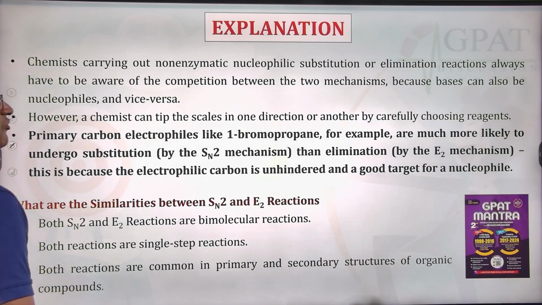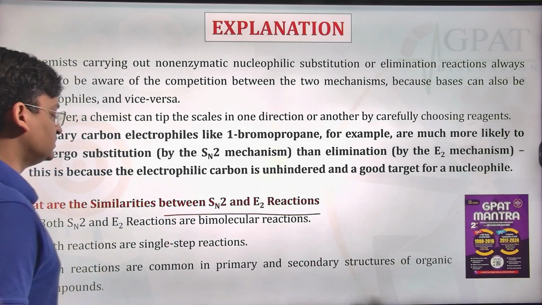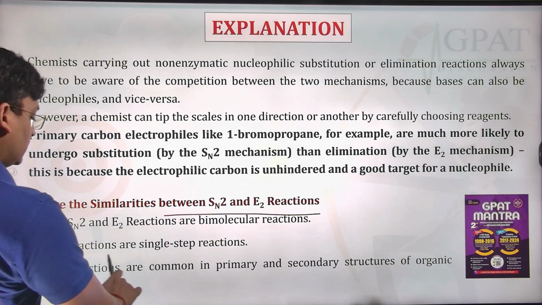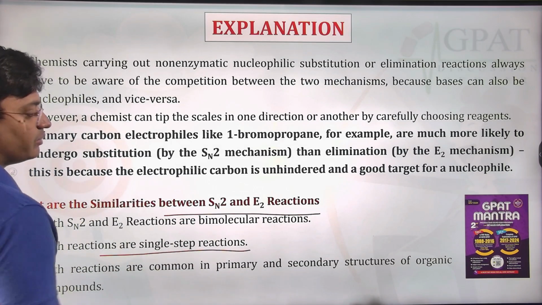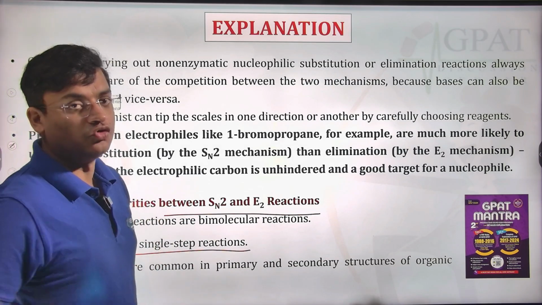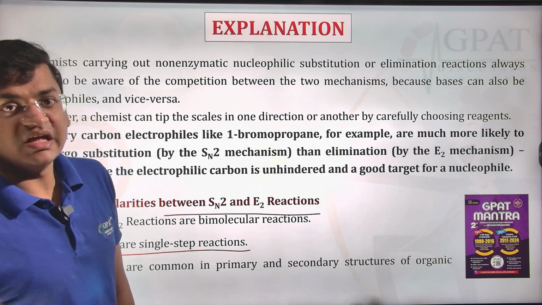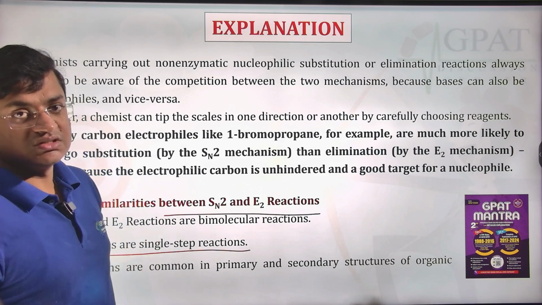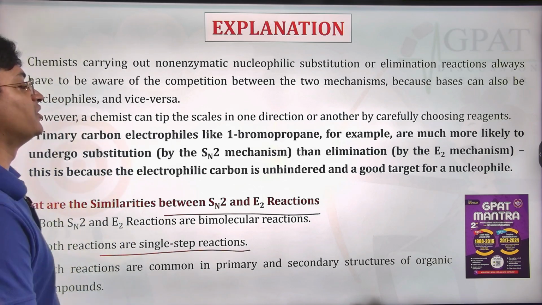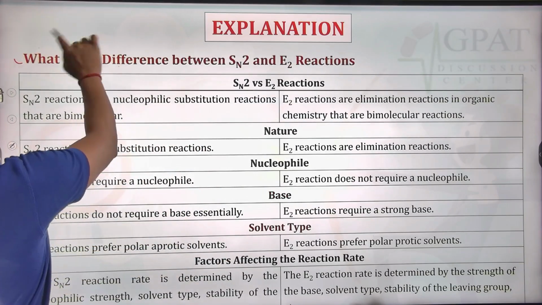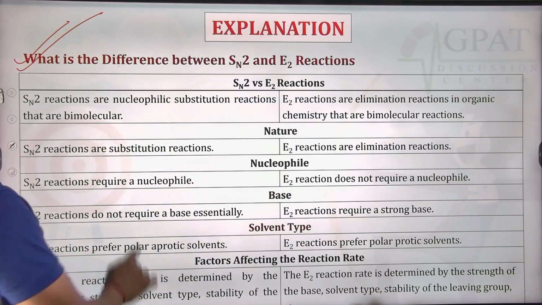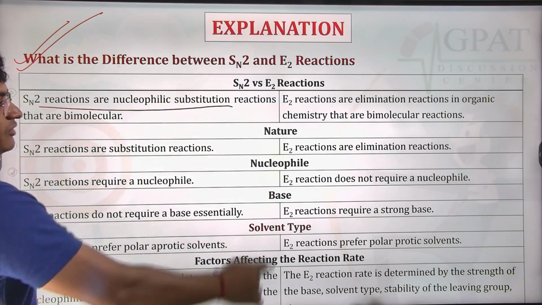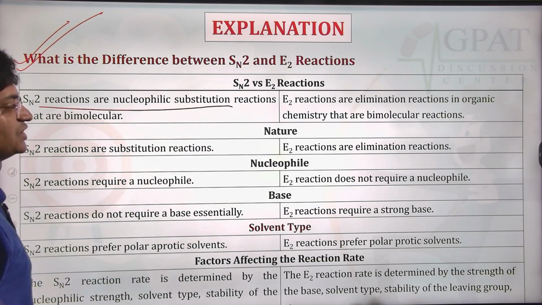Both follow bimolecular reactions with second order kinetics. It's a single step reaction following a concerted process. In the SN2 we get Walden inversion, and an inverted configuration of the product is obtained each time. What's the difference between SN2 and E2? SN2 reactions are nucleophilic substitution, while E2 are elimination reactions.